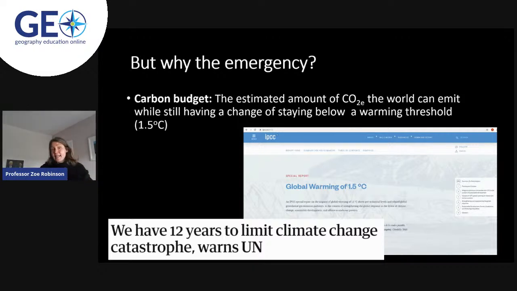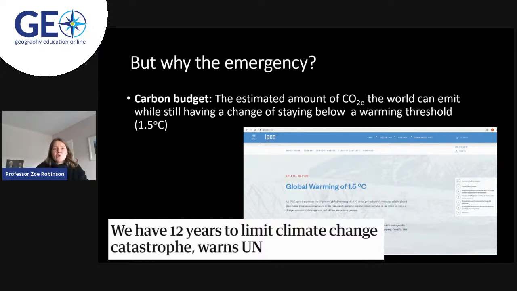Back in 2018, there was a really influential report published by the Intergovernmental Panel on Climate Change, which is a big international body of scientists who bring all of the science together, and it's our best understanding of the science. They published a report in October 2018.